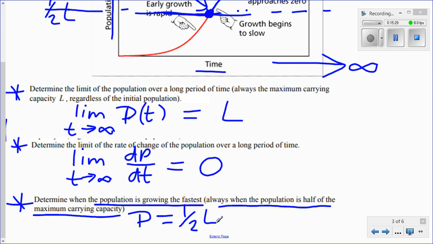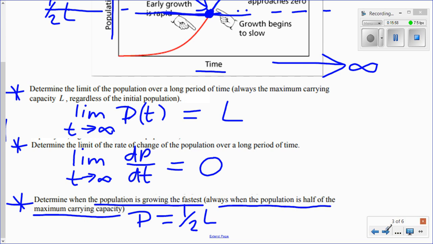Well, recognize what the graph looks like, but then also know that the limit of the population as t approaches infinity equals the carrying capacity, and the limit as t approaches infinity of the rate of change of the population is 0, and that the population is always growing the fastest when the population is half of the carrying capacity.